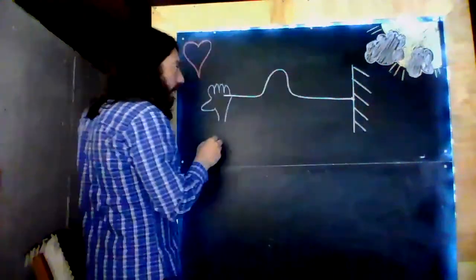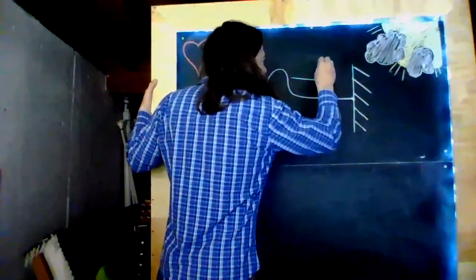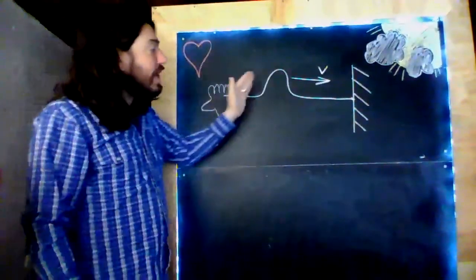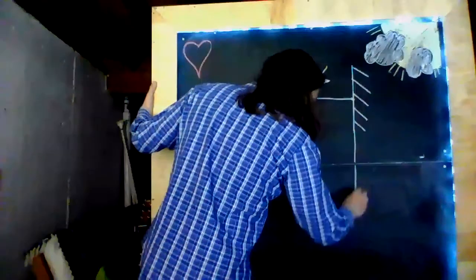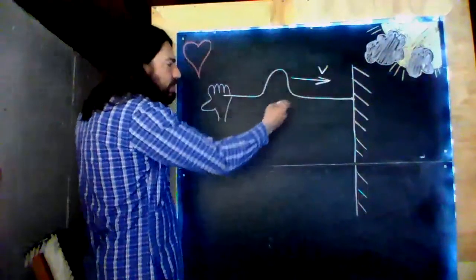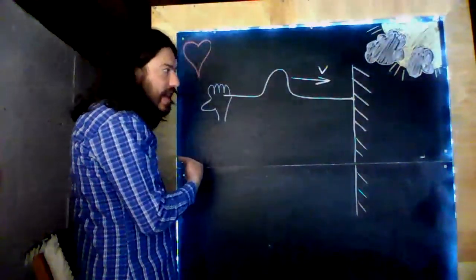And I sent this wave pulse in, and it's headed in this direction. So there's the velocity of my wave pulse. Well, when it hits this boundary, it's going to reflect off. And it's going to head back in this direction.